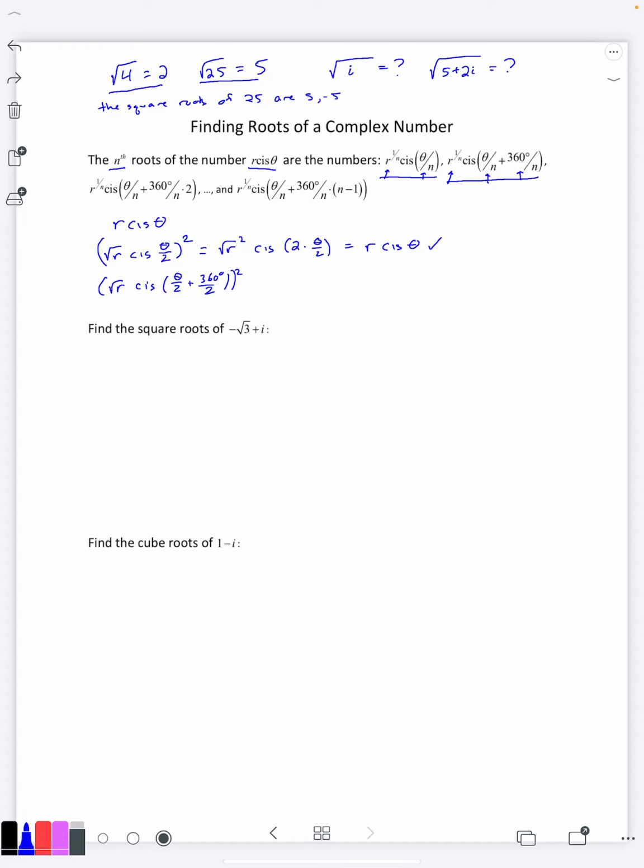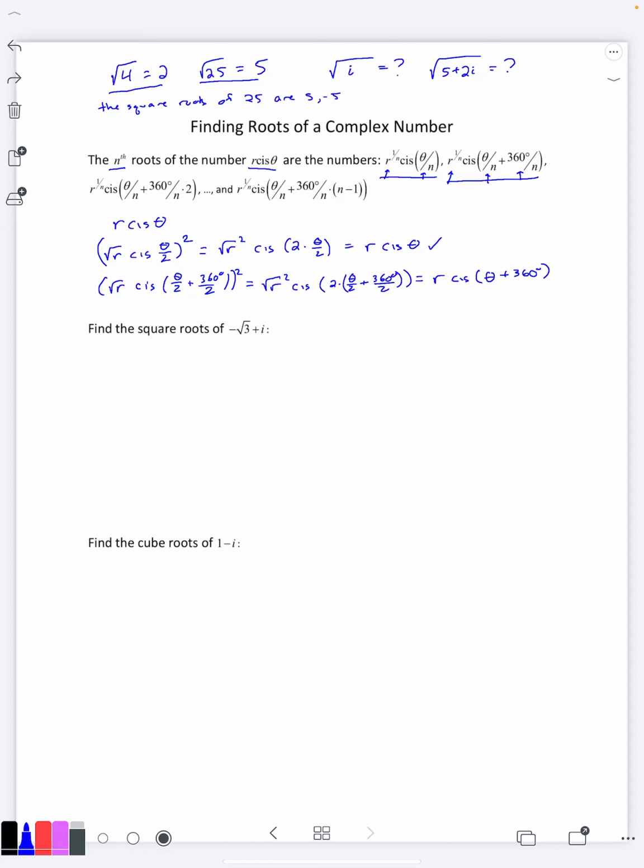And now let's see what happens when we square this. De Moivre's theorem kicks in again: square the front, and then multiply the inside by 2. And when we distribute that, we get 2 times theta over 2 is theta, plus 360 degrees. And that's always going to work because you're multiplying by the power, which is squared, and you divided by 2 in the first place.